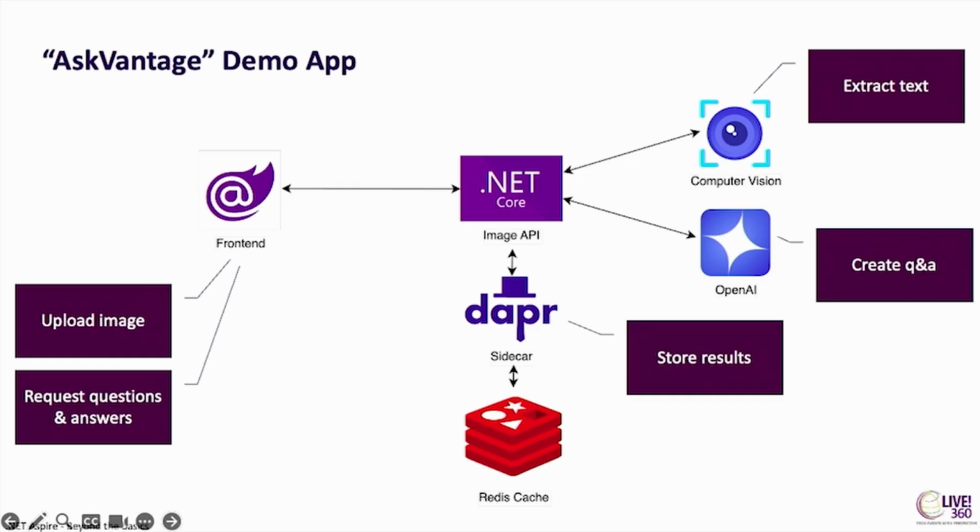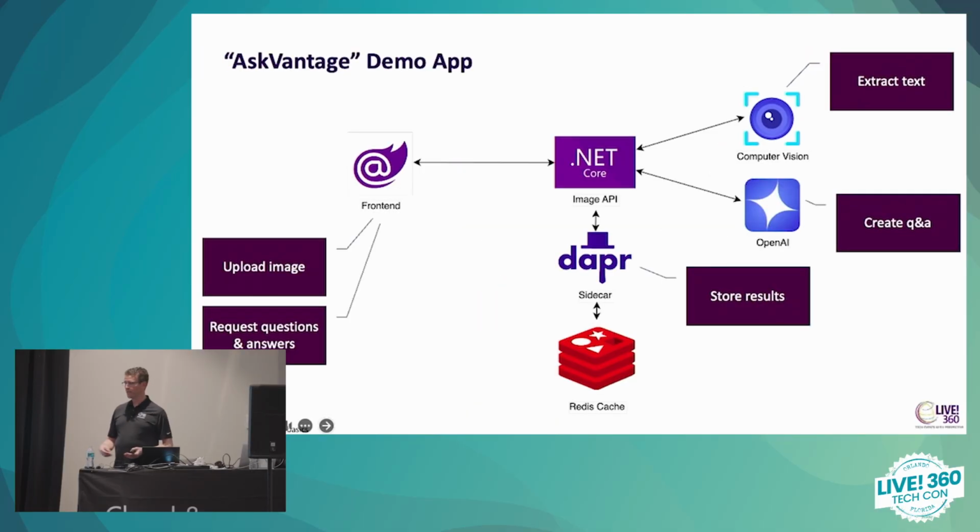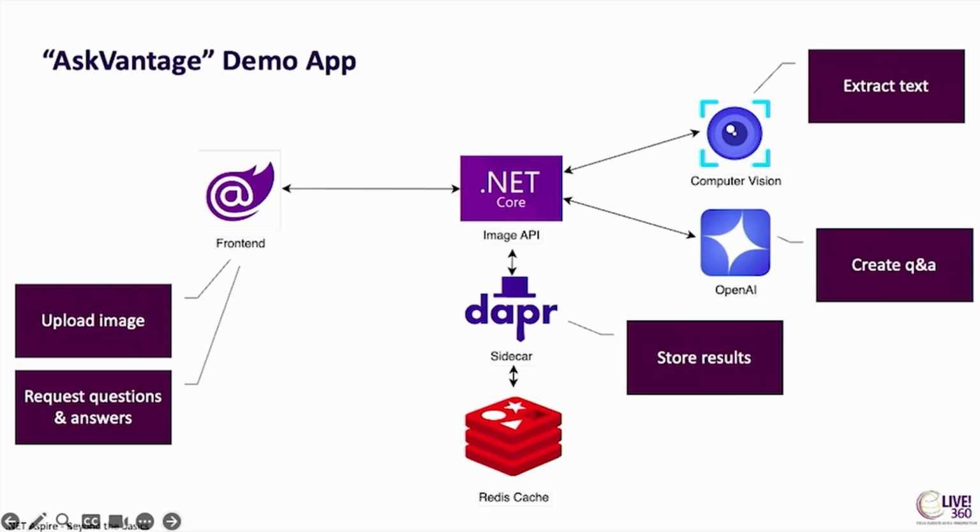If you don't know Dapper, it's an abstraction tool that allows you to say stuff like save this state for me, and Dapper will find out itself where to put that state. As a concrete state store implementation, you can pick and choose a lot of stores like blob storage, S3 buckets, containers. In this case, I chose a container called Redis, which is basically a key value store, which suffices for my needs today.